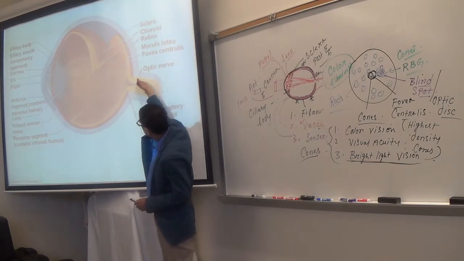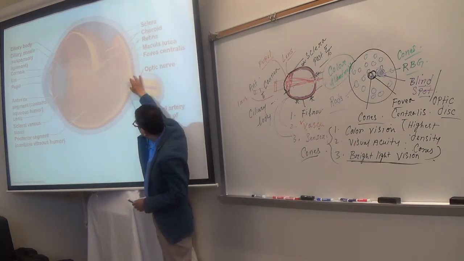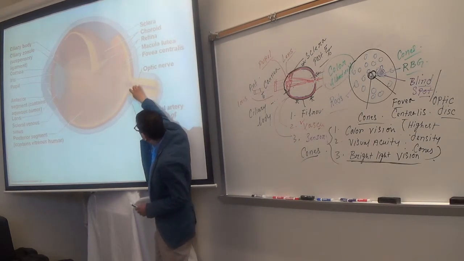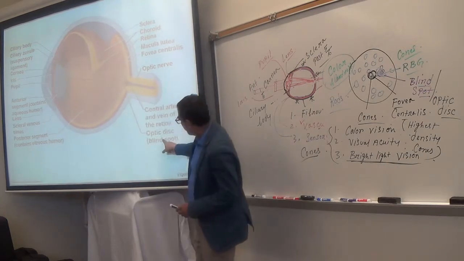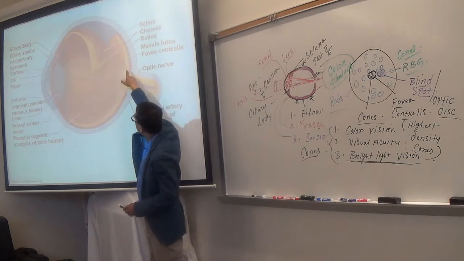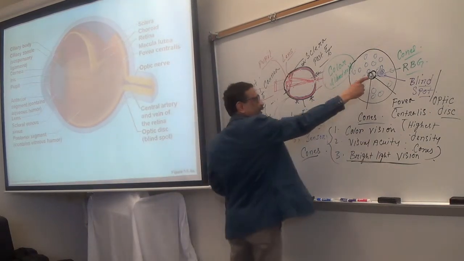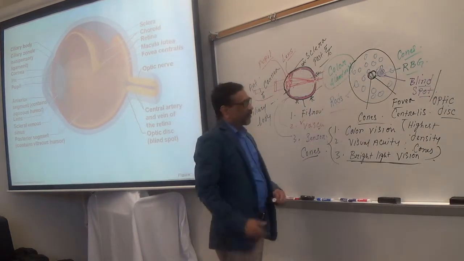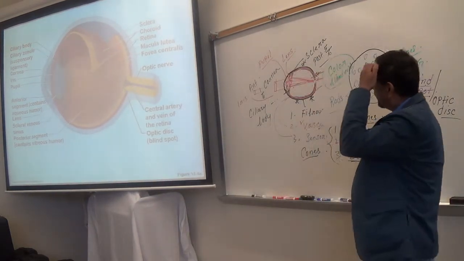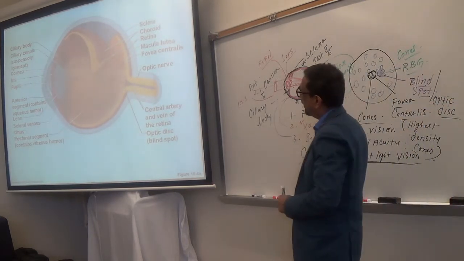So arteries get in, veins get out, and the optic nerve is also attached here. That's why this area has no rods and cones, and that is called the blind spot or optic disc. And this is the macula lutea, fovea centralis. So that is the retina, a very important structure of your eye.